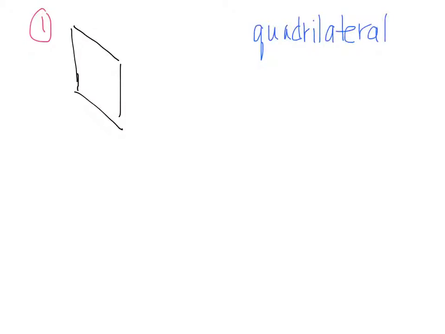Okay, now let's start to look at the sides. I want to work from the outside in, okay? And I see that when we look at the outside, each of the sides is equal to 9 centimeters. So if we know that every single side is equal to 9 centimeters, what can we classify this as? A rhombus, right?